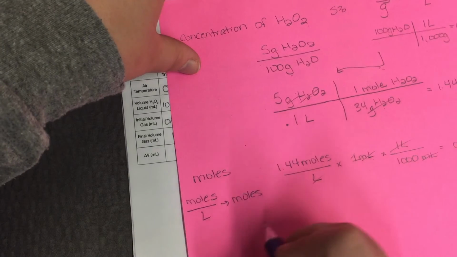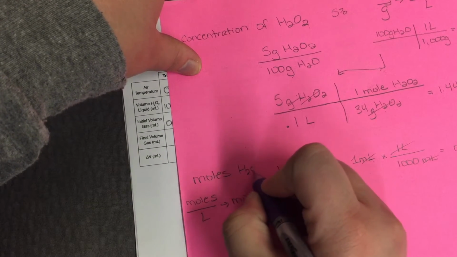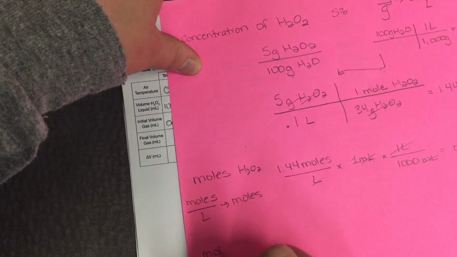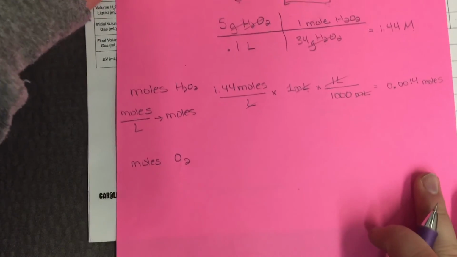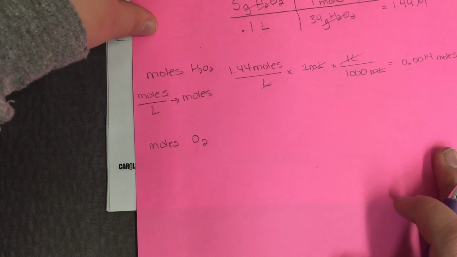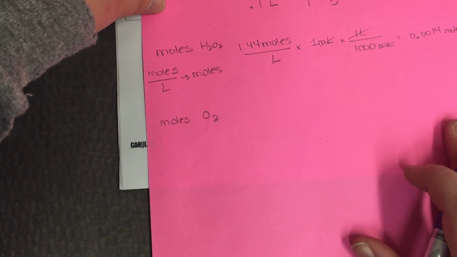Alright, so we have moles of H2O2 here, and then we have to do moles of oxygen. So how do we figure out what our moles of oxygen is? Well, we have to have the balanced equation, which is found in the background.